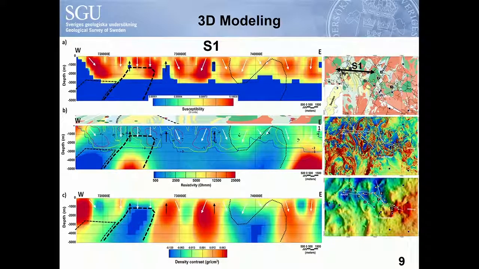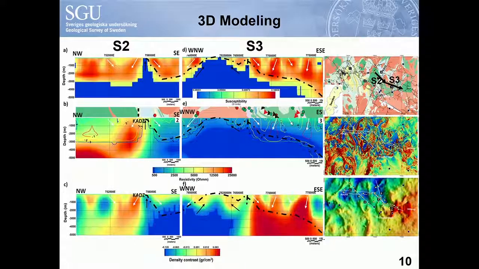Below the depth of 3 kilometers, we don't see any variation in the susceptibility model. Those shallower structures have a good correlation with the density contrast model, but we don't see much correlation within the resistivity model. If you look at the deeper structures, which we took from the density contrast model, they fit better to the resistivity model, and we don't see much in the susceptibility model.